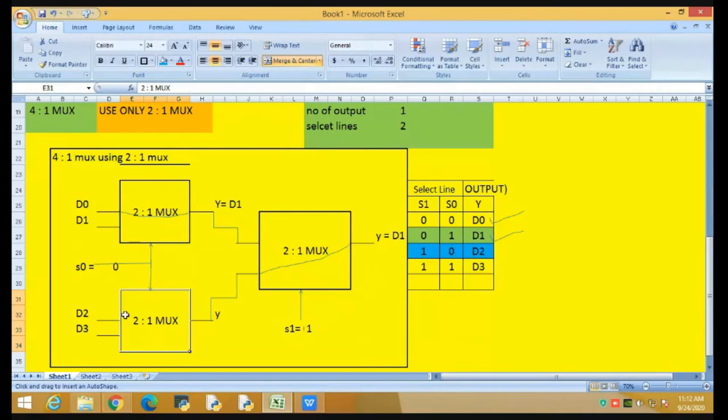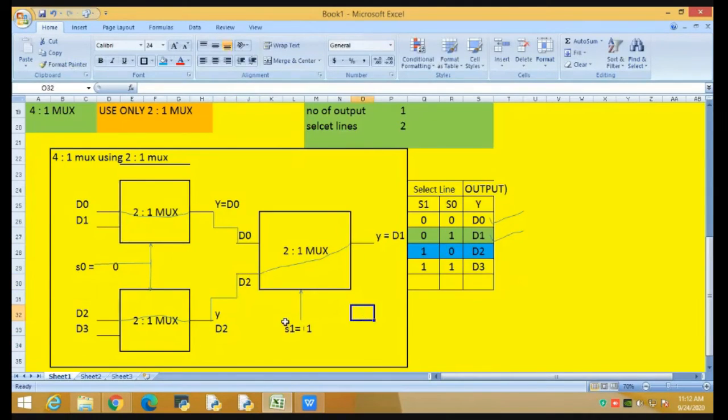Similarly, here the first input is also connected to the Y. So D1 comes to here, D0 comes to here, and D2 comes here.